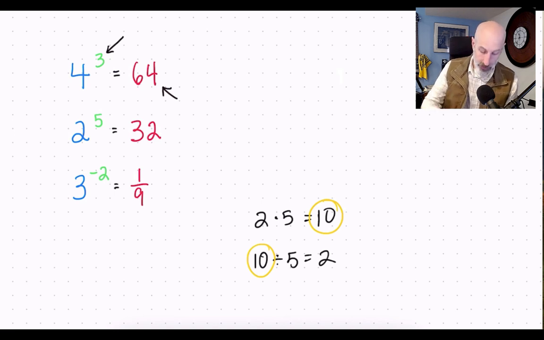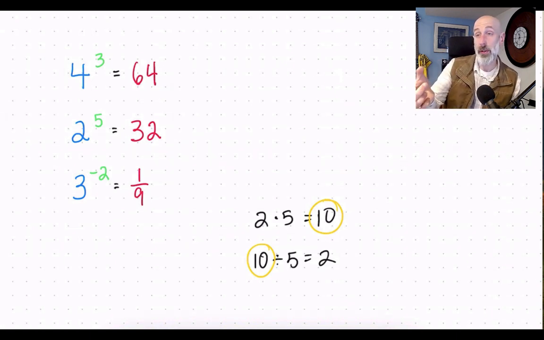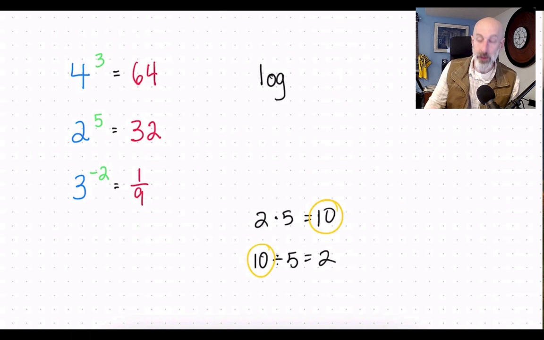And the way this is written, I'll use some of the same colors so that they kind of pop out. We are going to rewrite 4 to the third power equals 64 in its logarithmic form, or its inverse form, by saying log, literally an abbreviation for logarithm. The base of the exponent, the 4, is also called the base of the logarithm.